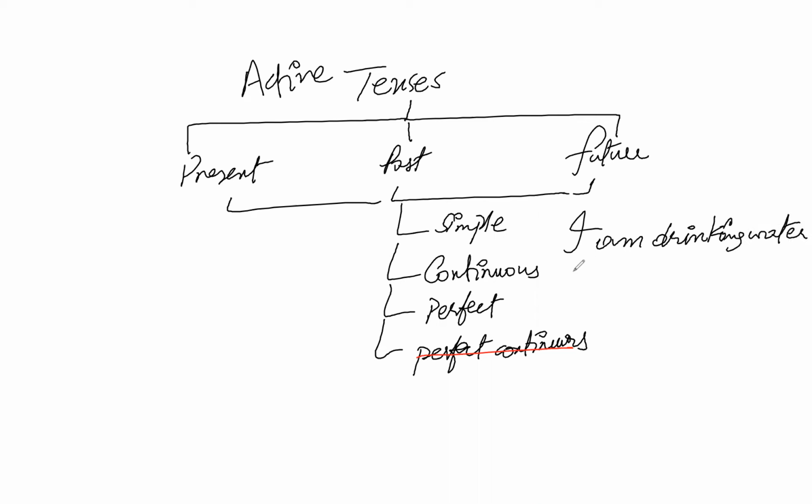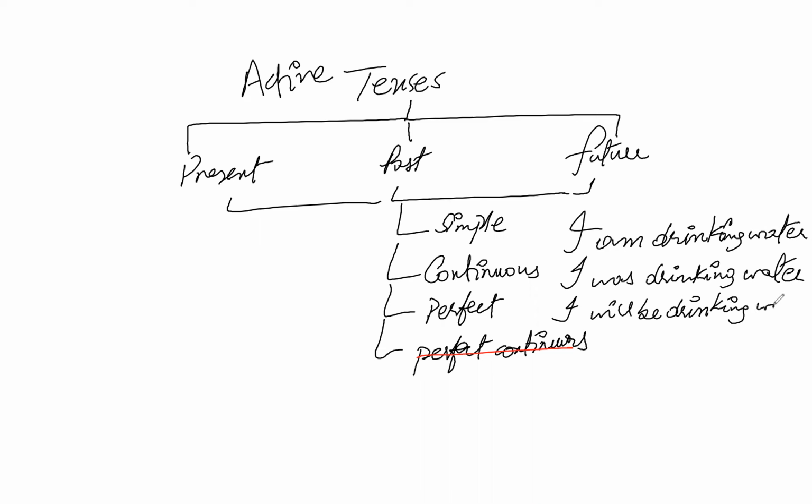And for past, it will be I was drinking water. And for future, it will be I will be drinking water, right? Okay, so I am drinking water, I was drinking water, and I will be drinking water.